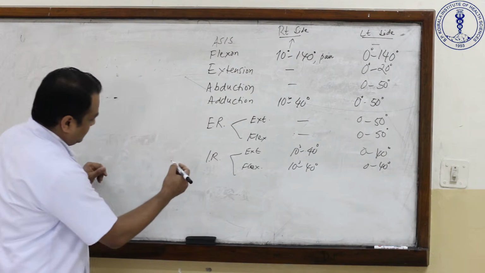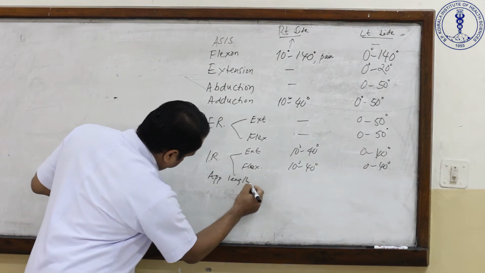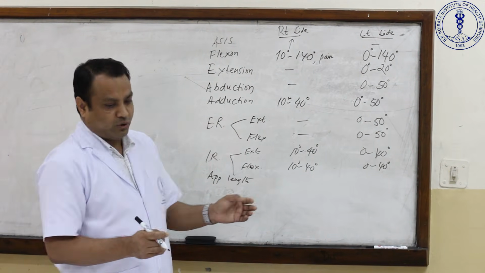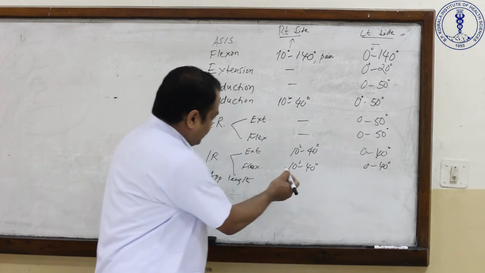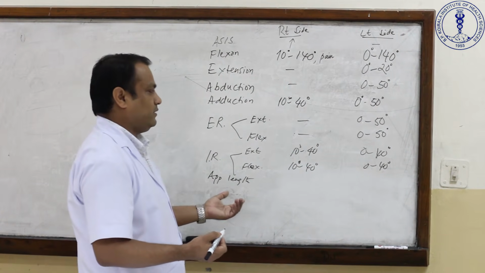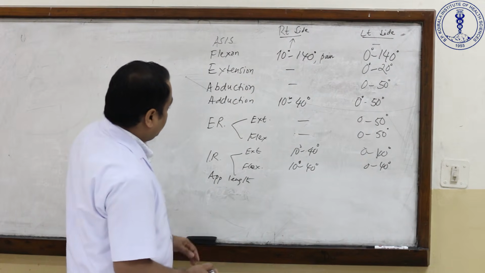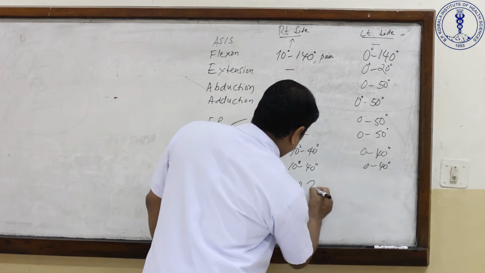Now next is apparent length. Apparent length is a measurement of the limb with both limbs parallel to each other and parallel to the trunk. The patient may have compensated, or may not have compensated for this, depending upon the deformities and the amount of lengthening and shortening, whatever it is. Let's say it is 102 and 104.